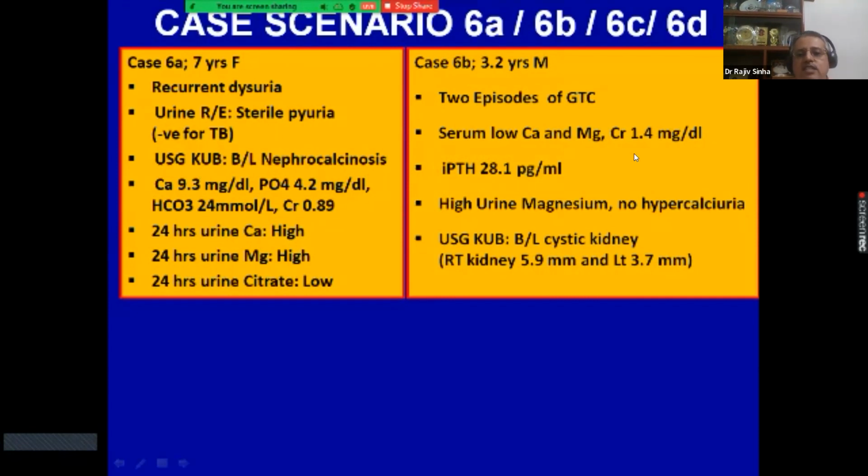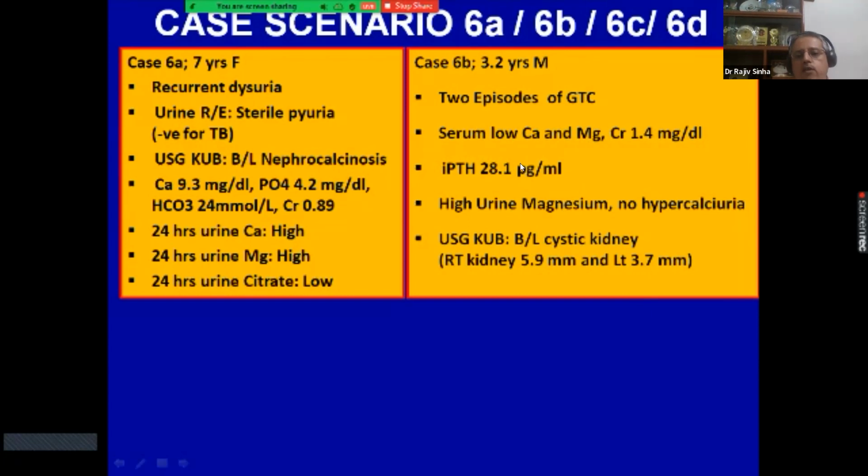Next one is a child who came with a generalized tonic-clonic convulsion, found to have a low calcium, low magnesium. Creatinine was on the higher side, PTH was 28.1, and urine magnesium on the higher side, and the kidney ultrasound showing bilateral cystic kidney disease.